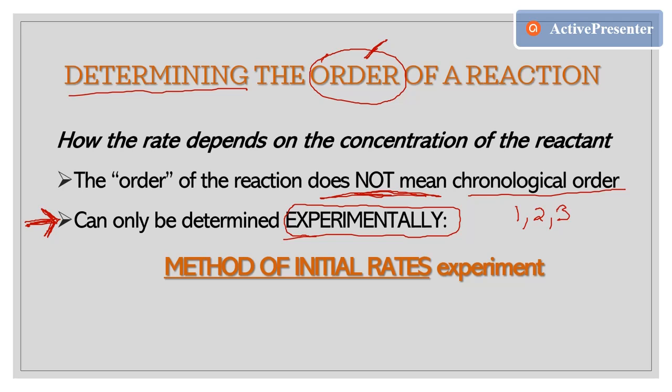And the experiment that we use to determine the order of the reaction is called the method of initial rates experiment. And the method of initial rates experiment means you do different experiments. So here's your experiment 1, experiment 2, experiment 3.